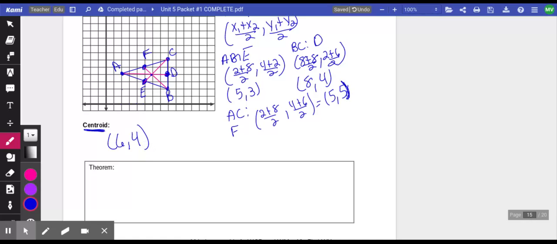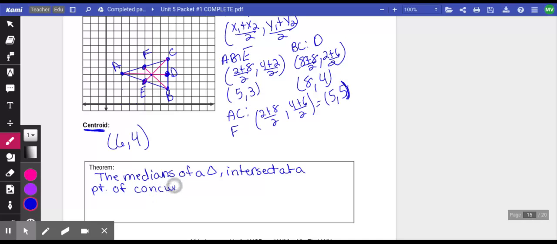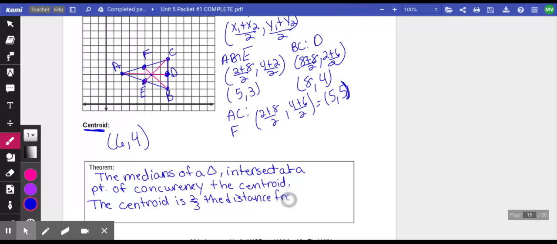Now, the theorem is the medians of a triangle intersect at a point of concurrency, the centroid, is 2/3 the distance from the vertex to the midpoint.